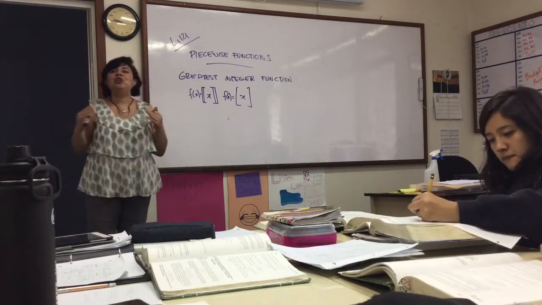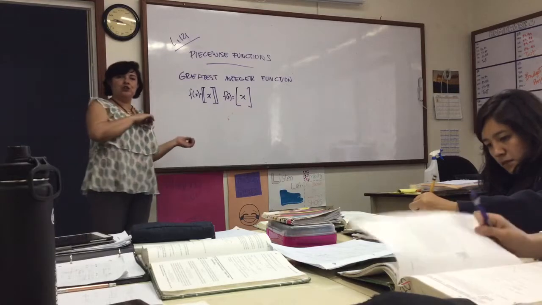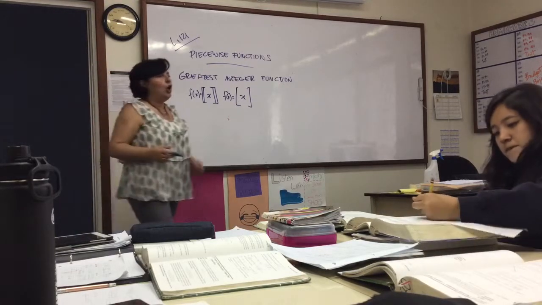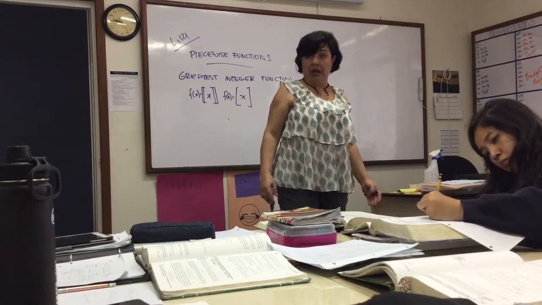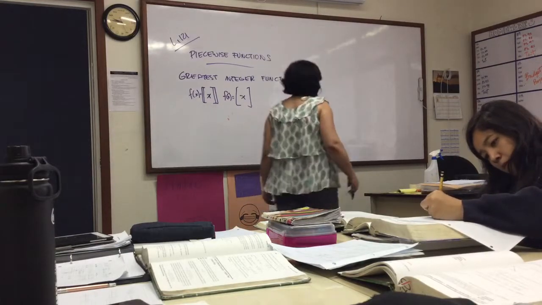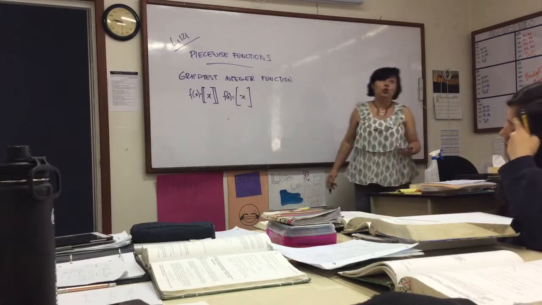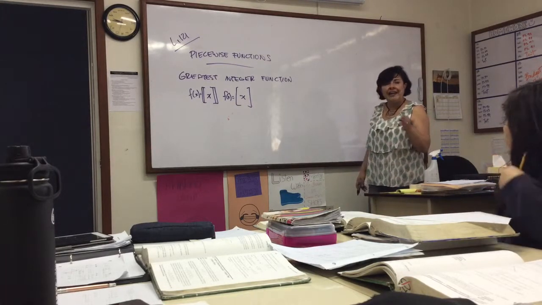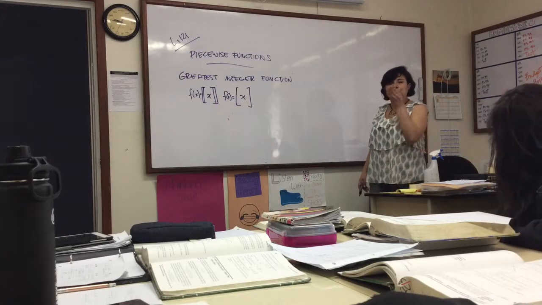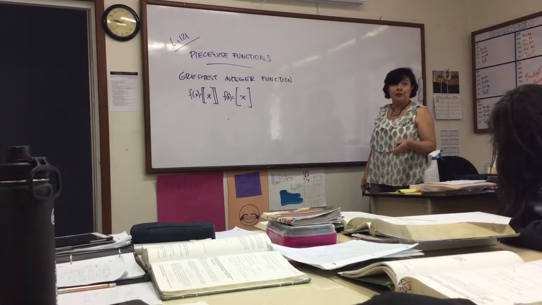Let me explain where you use it first so that you can understand what it is. When you deposit money in a bank, usually, normally, your money does not earn any interest until the end of the year, would you agree? Yes.